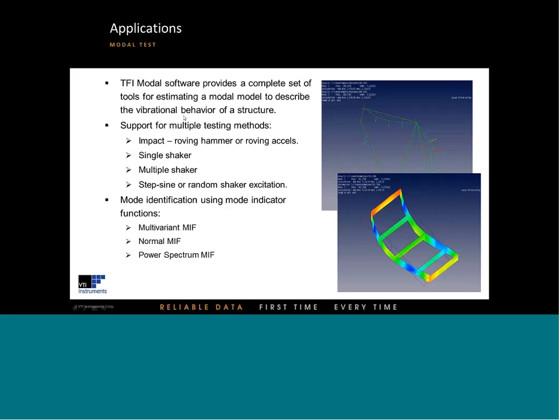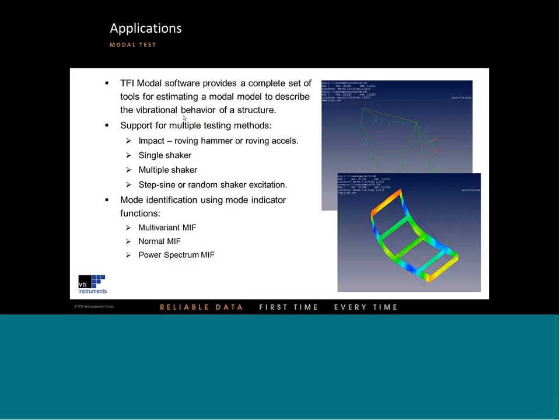Test for I-DEAS has a complete set of tools for estimating the modal model and has support for multiple testing methods. These include impact testing, either with a roving hammer or roving accelerometers, where you just excite at the same point.